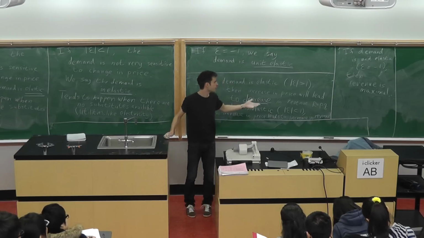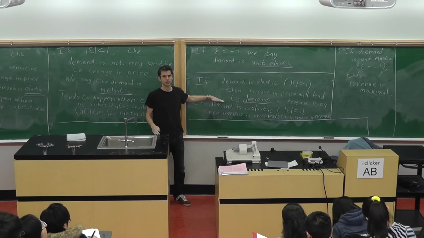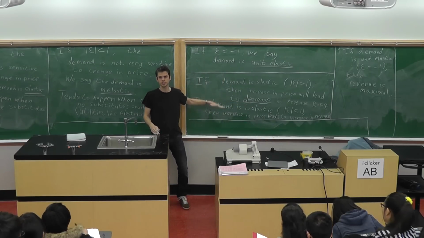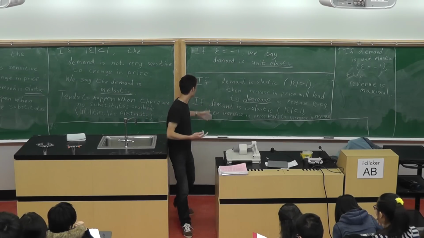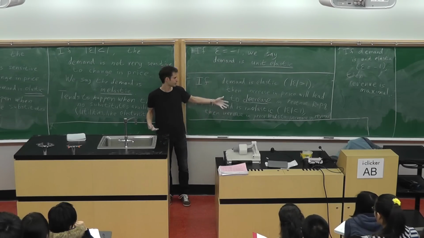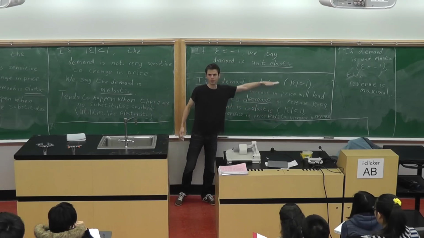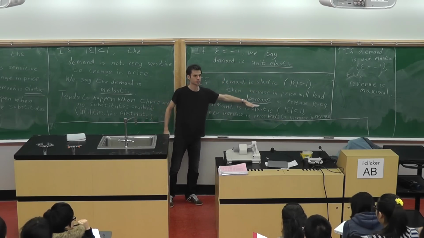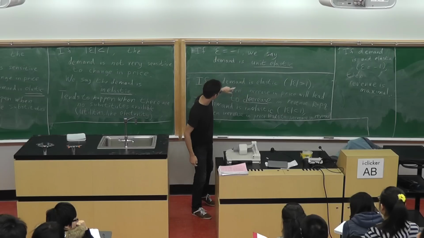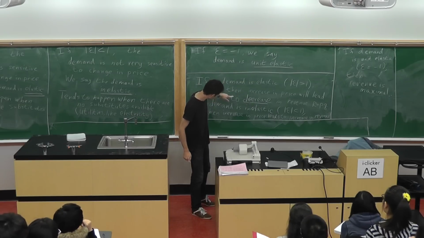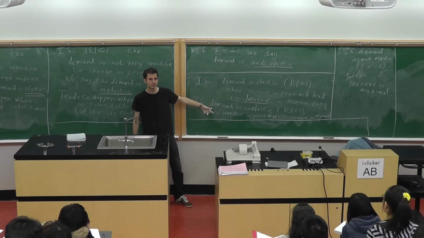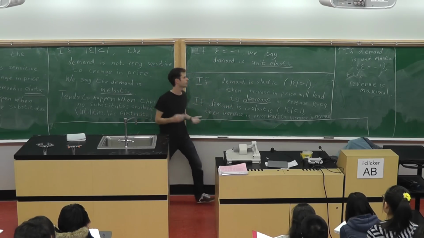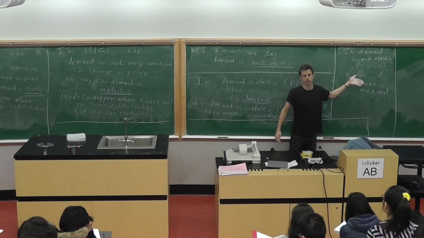Well, if it is not maximal, then it means by increasing or decreasing the price, you can make it bigger. But, in one situation, if epsilon is greater than 1, it makes sense to decrease the price. Here it makes sense to increase the price to make the revenue bigger. But here you have no choice, it's already maximum.